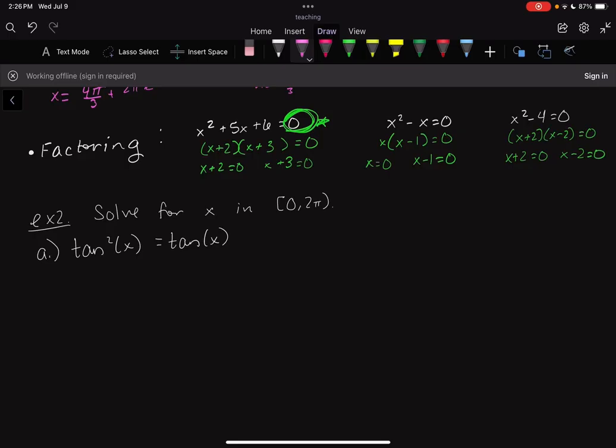If you see that you're having multiple of a trig function up here, it's probably going to be best to factor out a greatest common factor. So what we can do with this one is move tangent over to the other side so that we have them both on the same side.